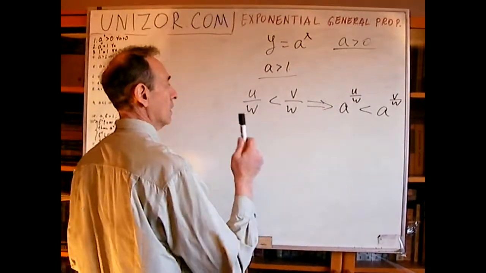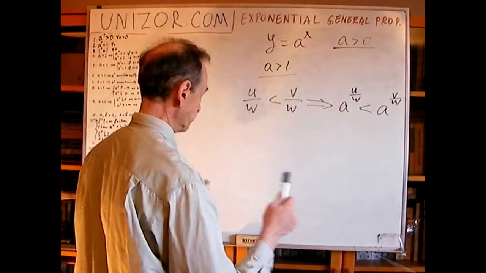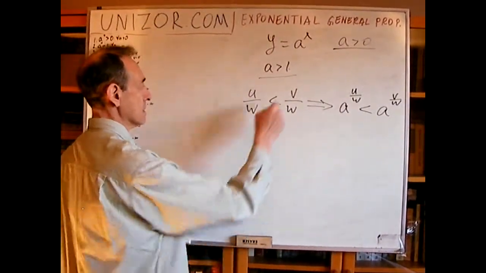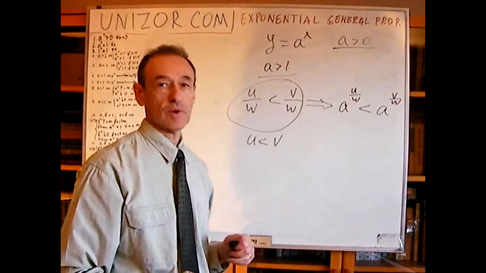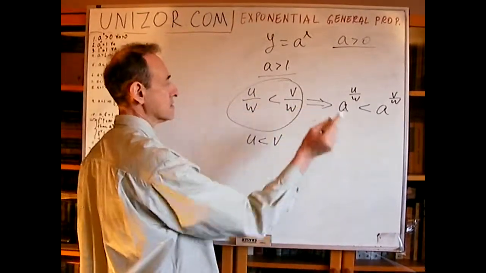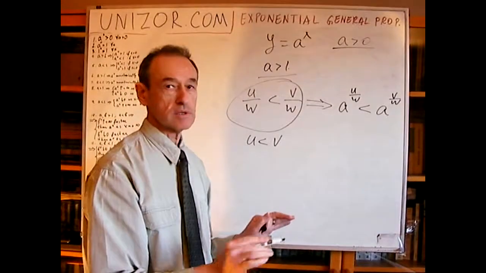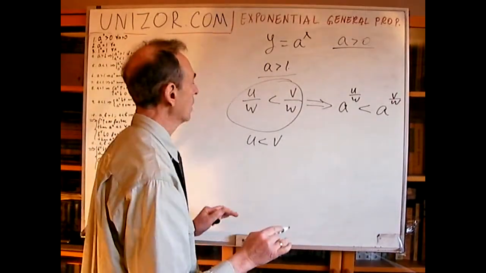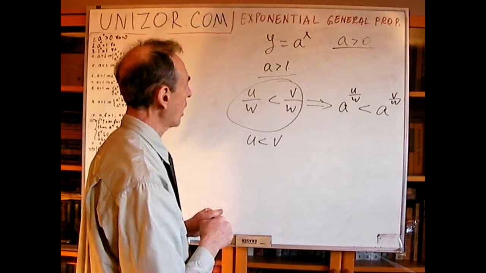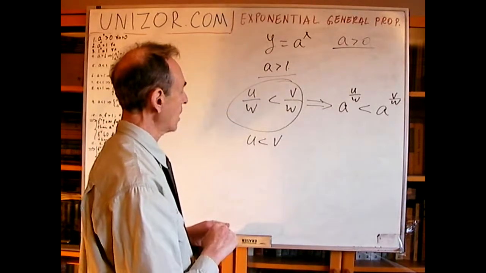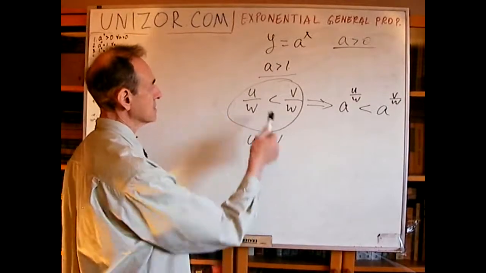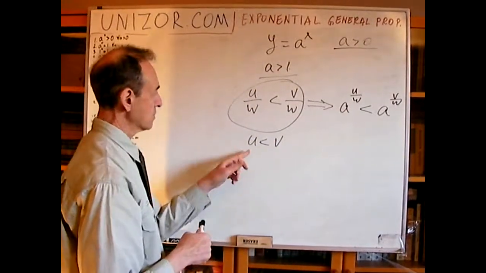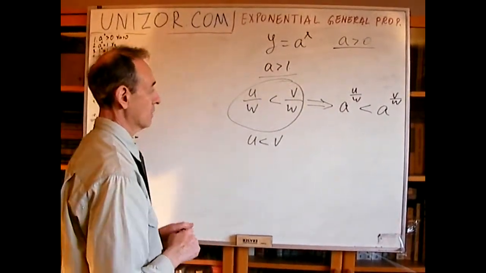Now, how can I prove this? You see, this means that u is less than v, right? They're all positive. We have already agreed that these are rational numbers with natural numerators and denominators. So obviously, since the denominator is the same, my numerators must be of the same relationship.